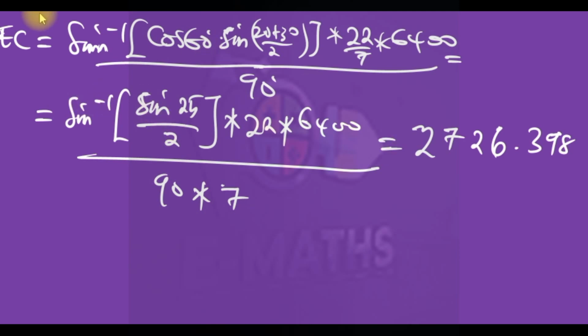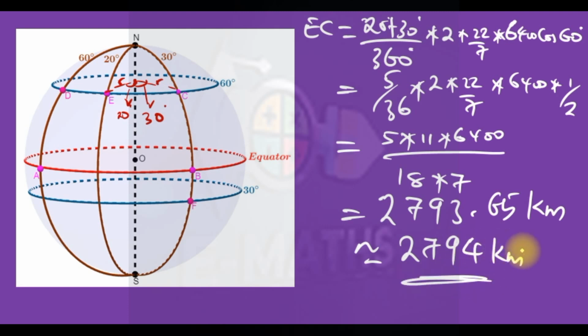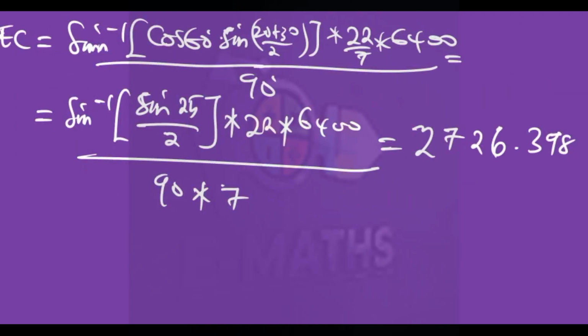So let's compare the two distances. The shortest distance now is 2,726.398. The previous one was 2,793, which I approximate to 2,794 to the nearest kilometer, while this one is 2,726 kilometers.